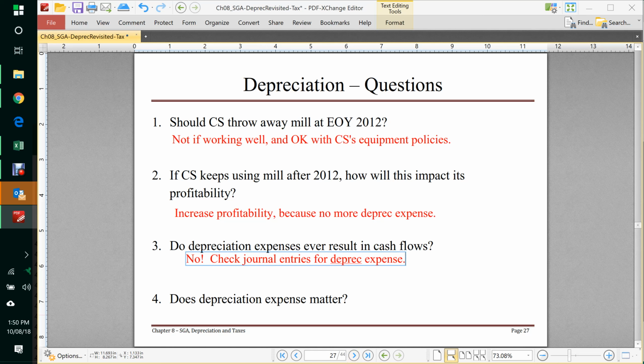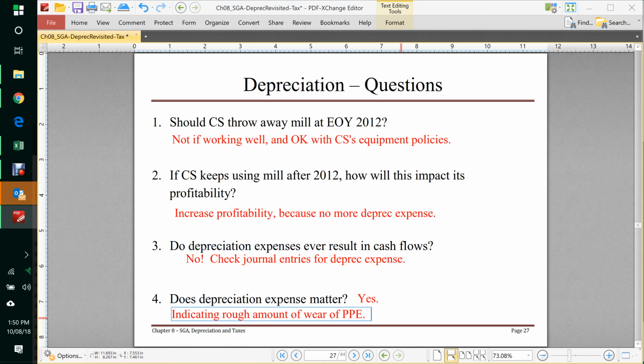Does depreciation expense matter? It might as well never have anything to do with cash. It might not matter, but I'm going to say yes, it does. It is indicating roughly the wear of our PP&E. Of course, this doesn't work well for buildings, but it does work reasonably well for other things: CNC mills, trucks, computers, stuff like that.